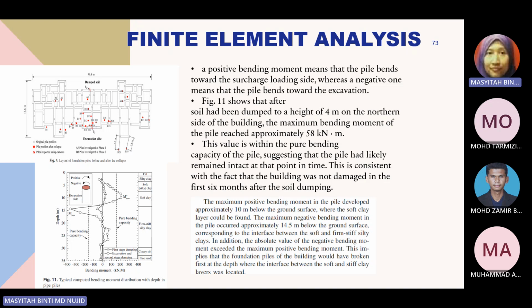So it shows that the value of the maximum moment triggered the failure of the pile structure. So this implies that the foundation parts of the building would have broken first at the depth where the interface between the soft and stiff clay layer was located. So kalau you tengok bahagian bawah ni, yang ni adalah analisis yang dapat daripada simulations, kemudian dia dikeluarkan dalam bentuk graf semula lah.